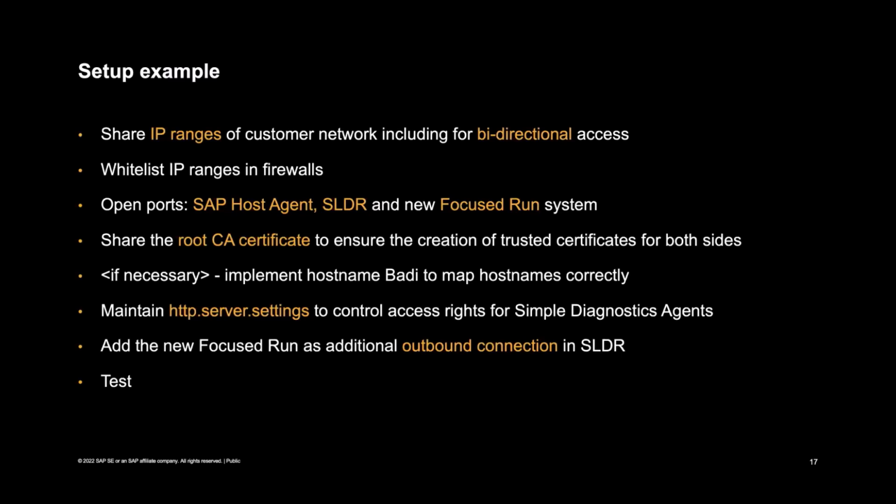The IP ranges are whitelisted in the firewalls for the necessary ports. The ports you need to open are the host agent, the SLD router ports, also the reverse proxy ports for the new Focused Run system. And then we have to share the root certificate between both parties, or between all three parties, which want to connect to the managed components.